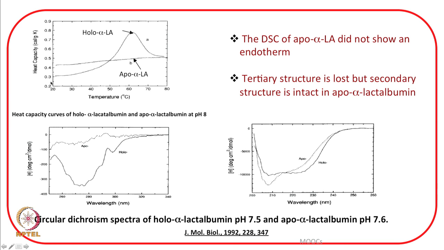Whereas the holo-alpha-lactalbumin, which has intact tertiary structure, should show the cooperative thermal transition. And after this report, several other papers appeared in literature which showed that the molten globule state in several proteins does not show a cooperative thermal transition in differential scanning calorimetric profile.